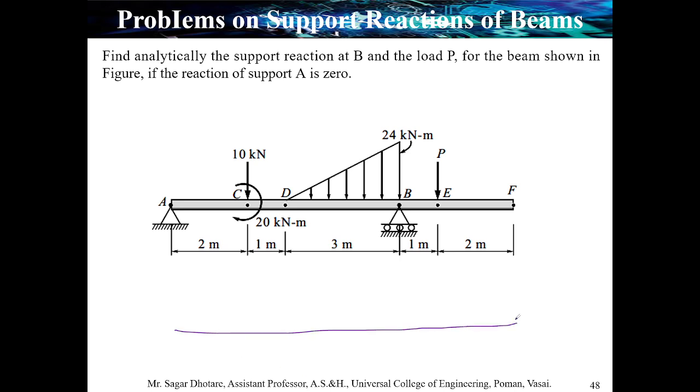First of all, draw the total span from point A to point F. As we know the condition is given, the support reaction at point A is equal to 0, so we are not considering any support reaction at point A. We place first the load, that is 10 kilonewton, then the couple of 20 kilonewton meter, then the reaction at point B, that we can say RB, then at point E we place force P.